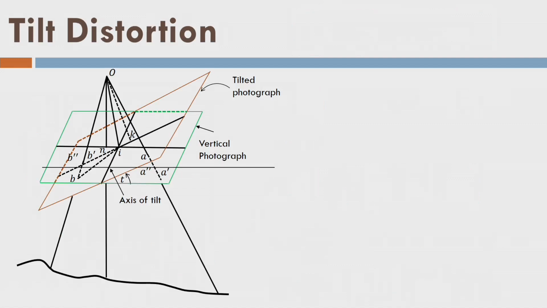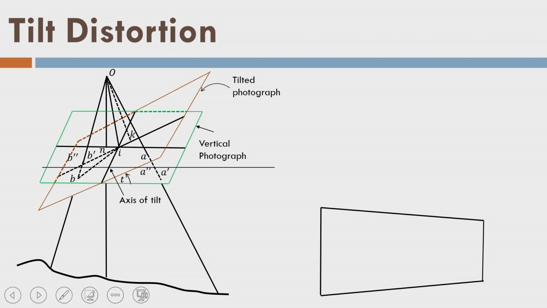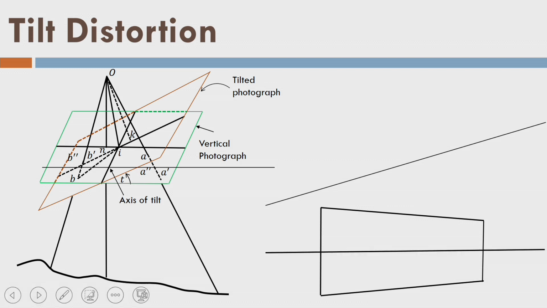Let us look into the tilt distortion. Because of the tilt distortion, what will happen? My image is appearing like that, not the rectangle one. Fine. So, this is my tilted photograph. Let us say this is the plane of tilt, which is shown here on the planimetric image.